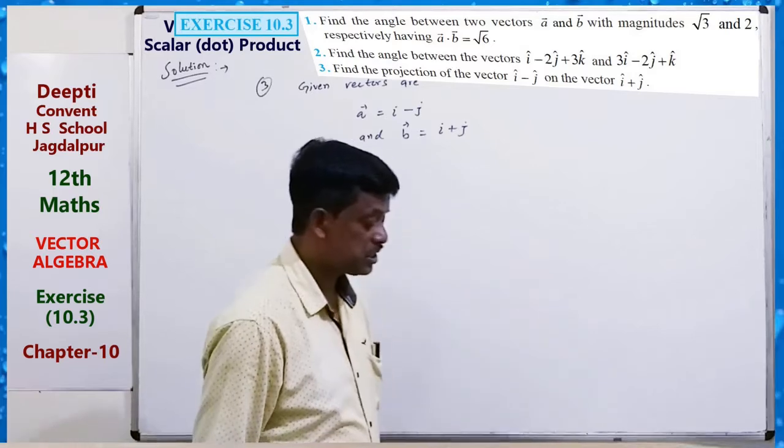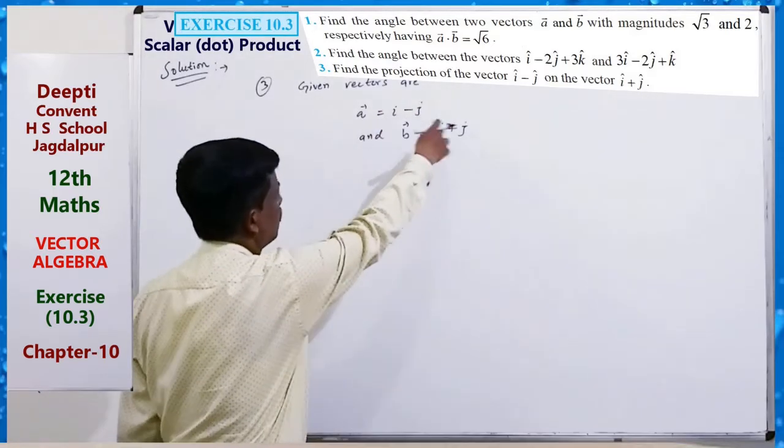So here we want the projection of vector I minus j on vector I plus j.